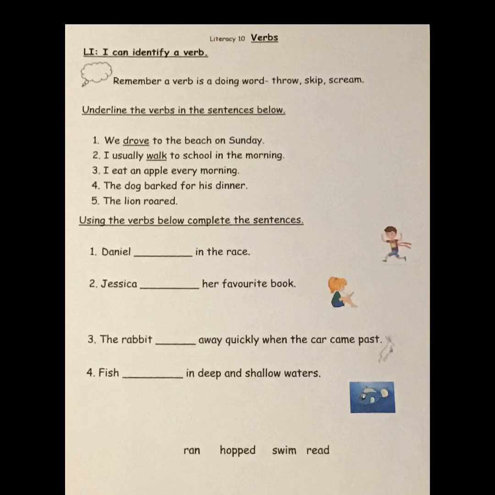In the first exercise, children should underline the verb in the sentence. The first two have already been completed. In the second exercise, children should complete the sentence and pick the relevant verb from the bank of verbs at the bottom of the page.